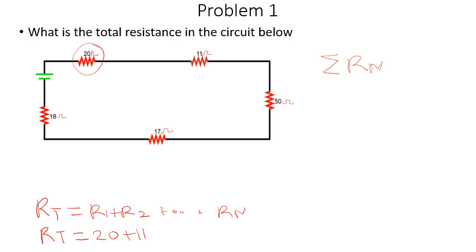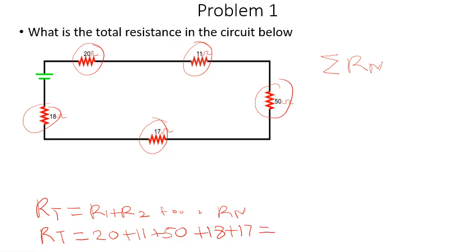This resistor is in series with this, and it's in series with this and this and this. Everything here is in series, so we simply add them up. So we have 20 plus 11 plus 50 plus 18 plus 17. When we do the math, we will get 116 ohms.